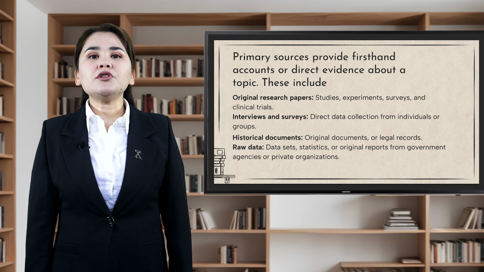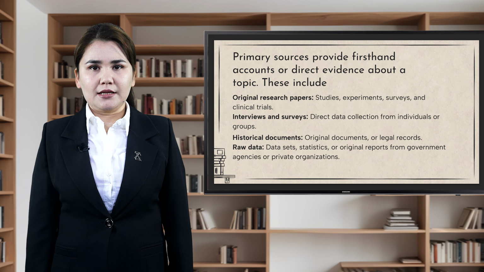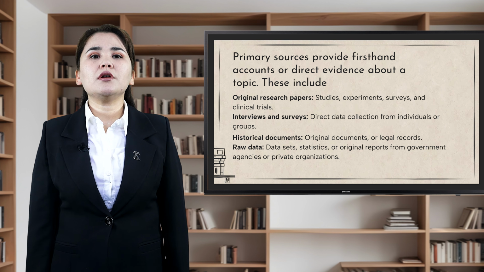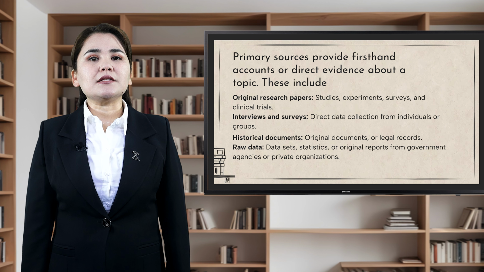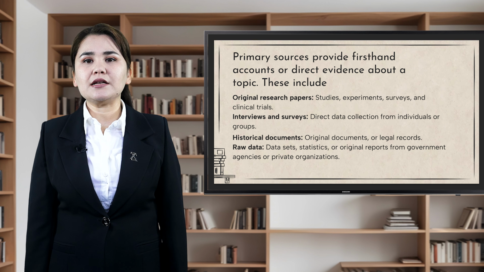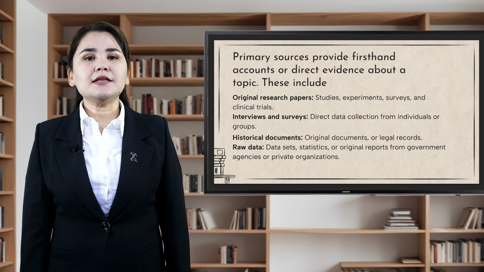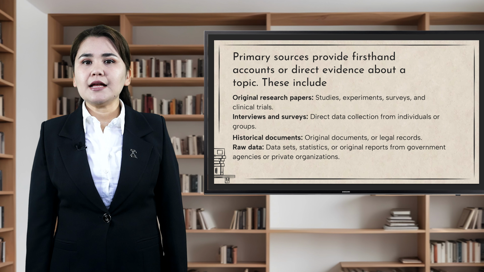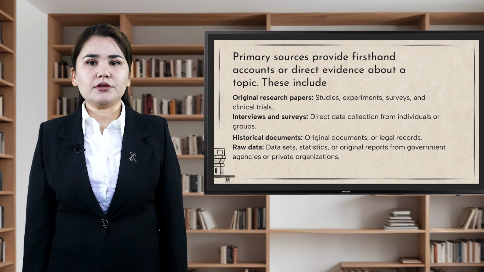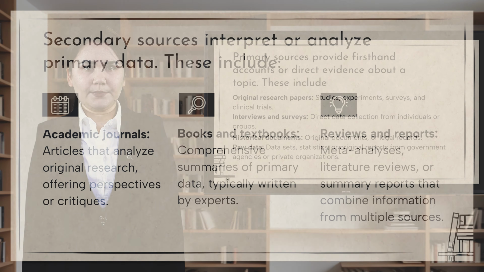The next is interviews and surveys, like direct data collection from individuals or groups. And the next is historical documents, as original documents, diaries, letters, or legal records. Raw data. These are the data sets, statistics, or original reports from government agencies or private organizations.